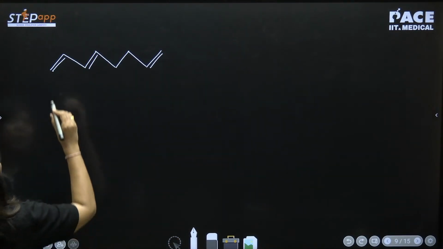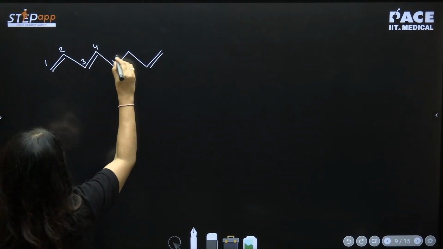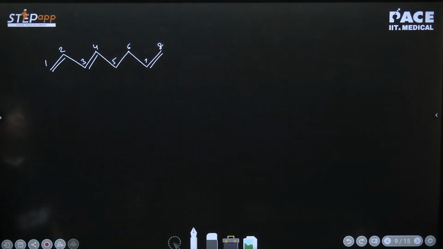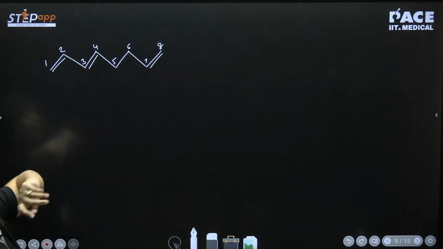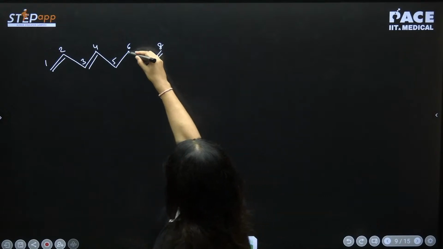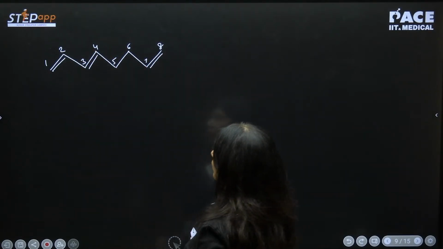Okay, now this compound, if I number it from the left side, the positions for the double bonds are 1, 3 and 7. But if I number it from the right side, it will be 1, 5 and 7.